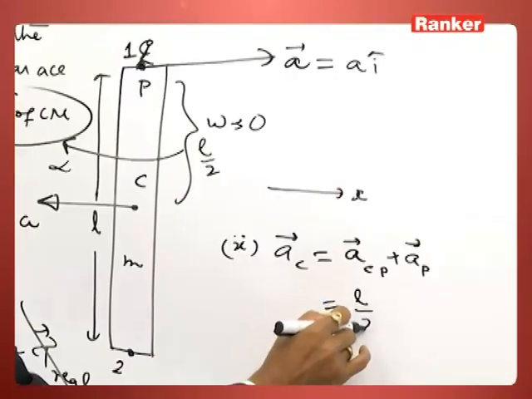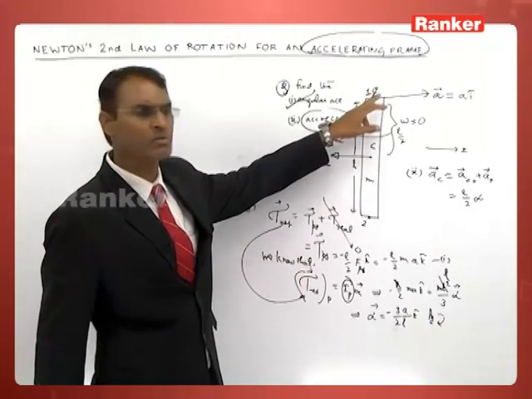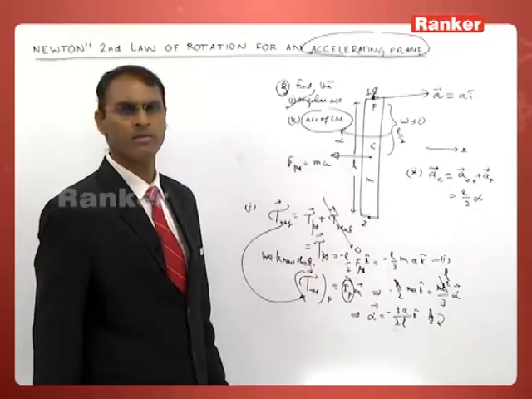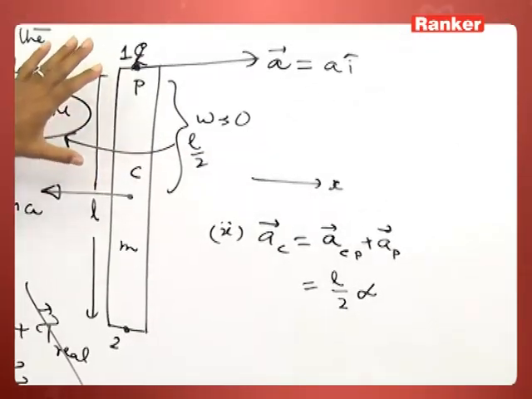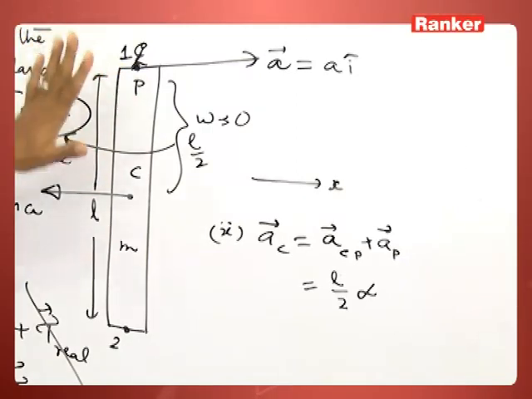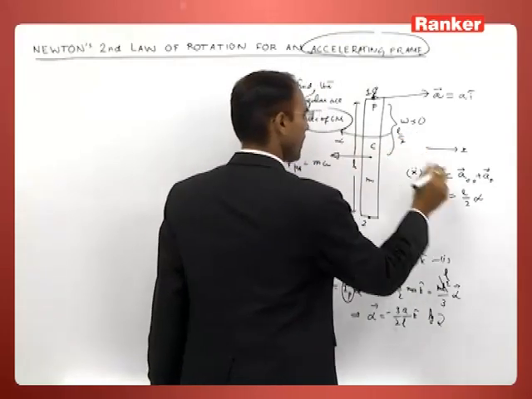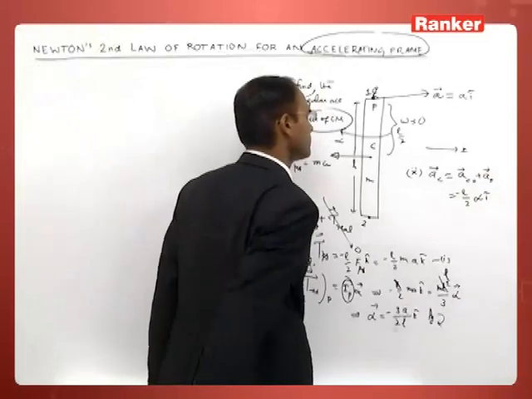That is L by 2 into alpha, as per the theory of kinematics of rotation. In which direction? Minus i cap direction.